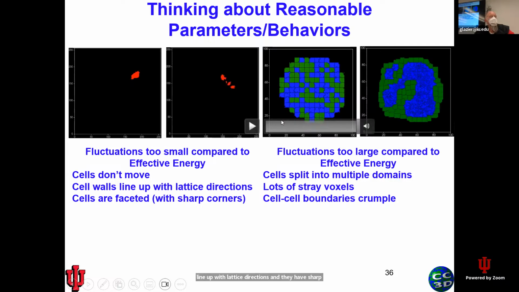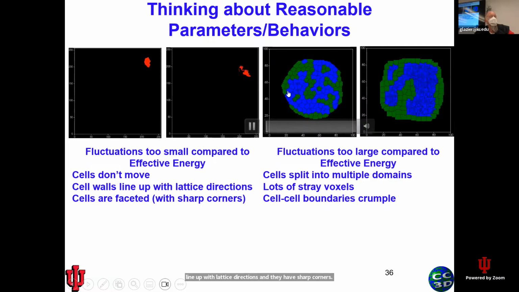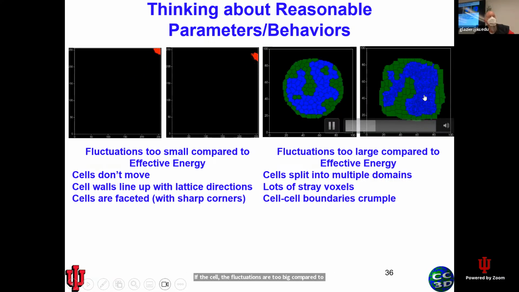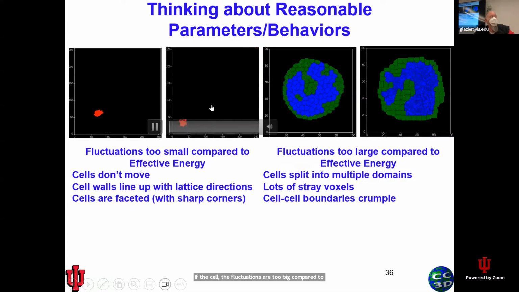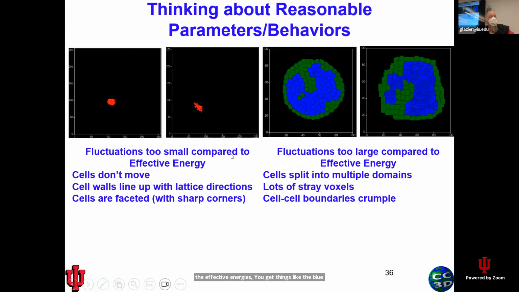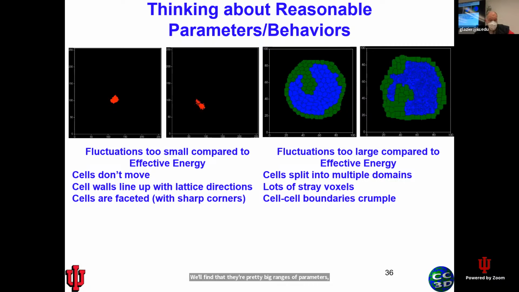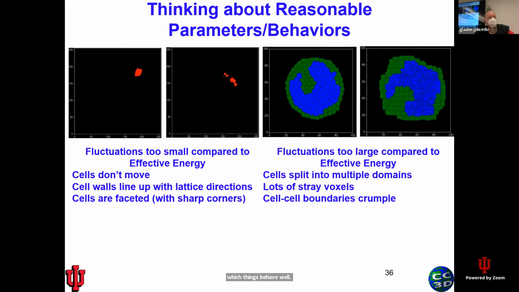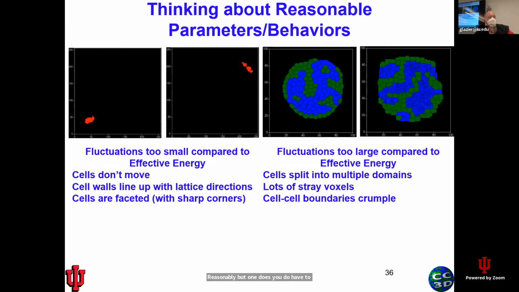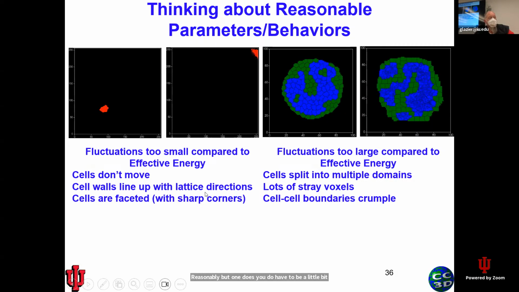If the fluctuations are too big compared to the effective energies, you get things like the blue cells on the right or that red cell towards the left, where the cell splits into multiple domains. We have lots of stray voxels and the boundaries crumple. We'll find that there are pretty big ranges of parameters in which things behave well or reasonably. But you do have to be a little bit careful about this. It's not done for you. You have to be aware of that.